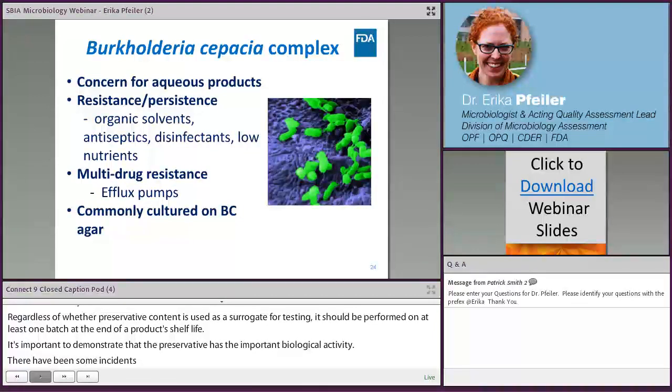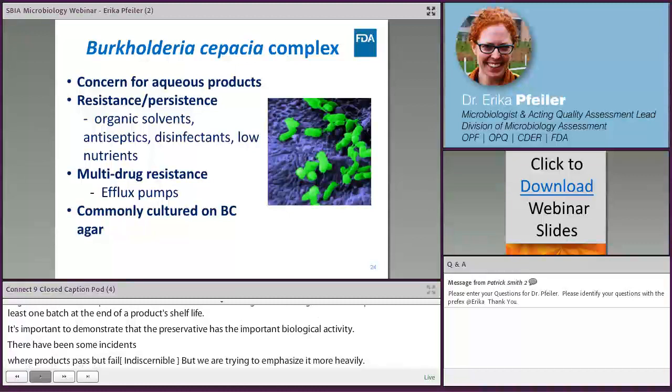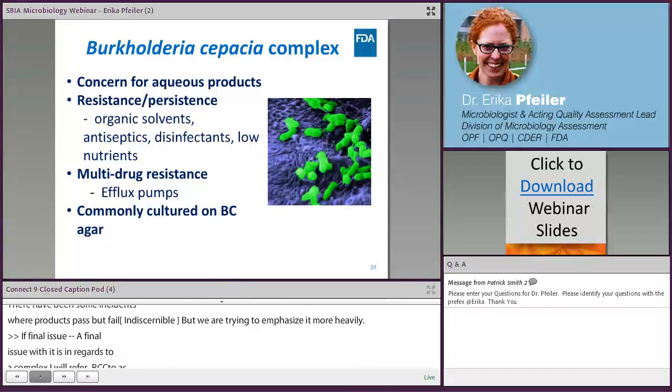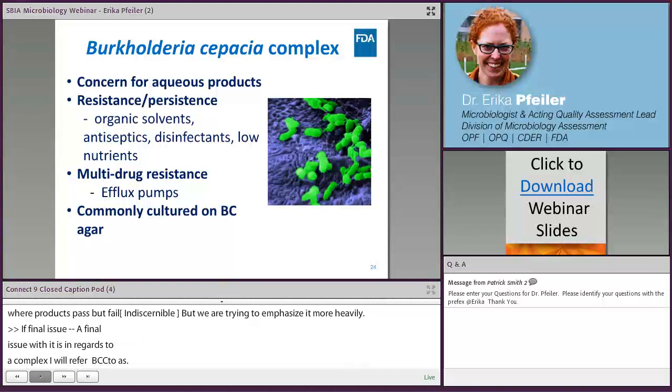One final issue that we deal with frequently in applications is in regards to testing for the members of the Burkholderia cepacia complex, or I'll be referring to them as BCC. These organisms are a particular issue for aqueous products, as they're frequently associated with aquatic environments, or more appropriate for our considerations, facility water systems.